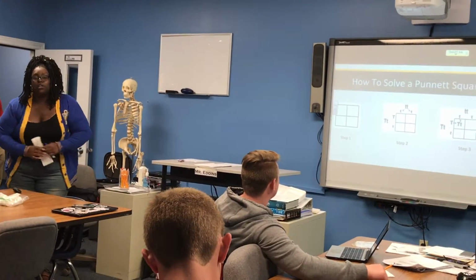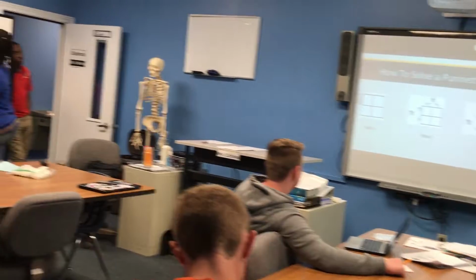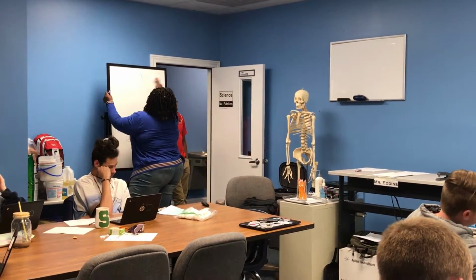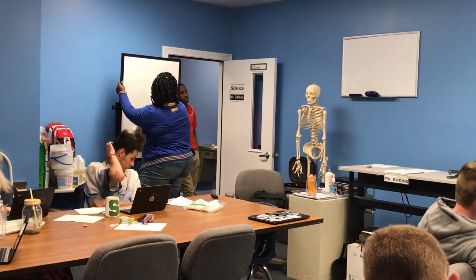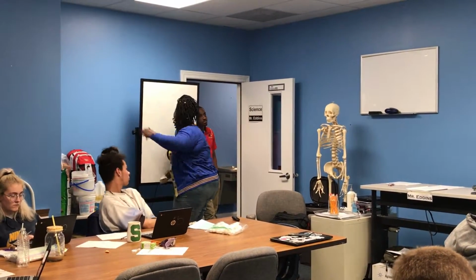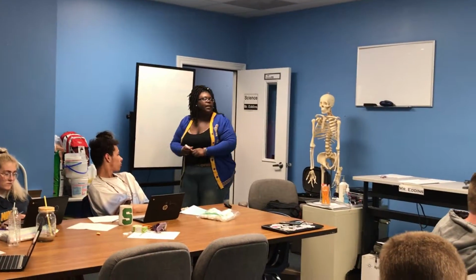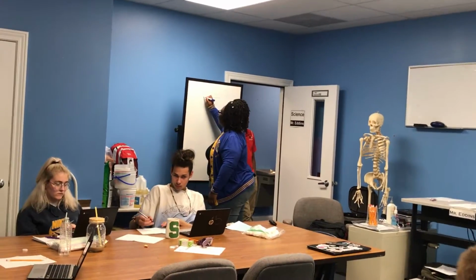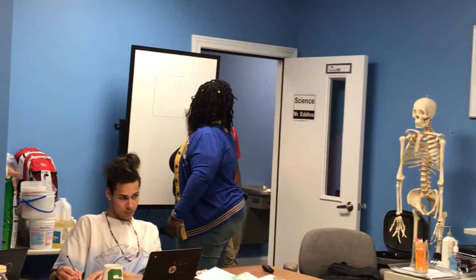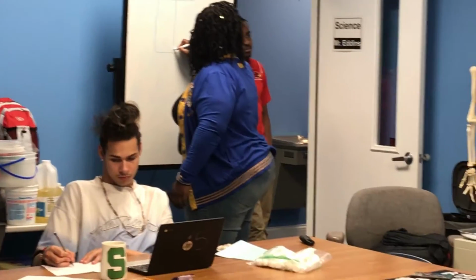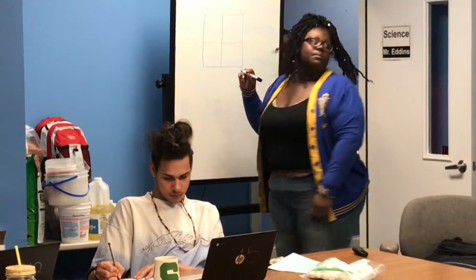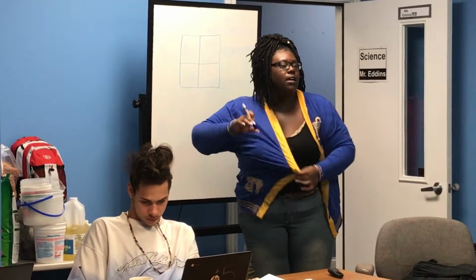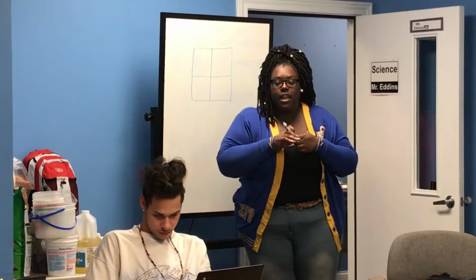Okay, so now I'm going to show you how to solve a Punnett square. The first step is simply to make a box with 4 squares. So I'm going to draw it like this. Step 2 is to determine which traits you're going to use to cross to find the next generation.